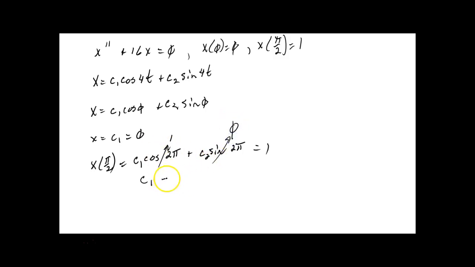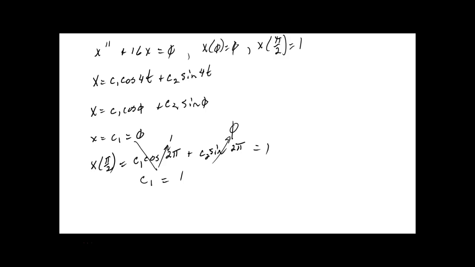So we have C1 is equal to 1. Whoops. The first boundary condition said C1 was equal to 0. The second boundary condition told you C1 was equal to 1. That can't be. You can't have the same parameter equaling two different values. So this obviously has no solutions. You cannot make that work if those are your boundary conditions.